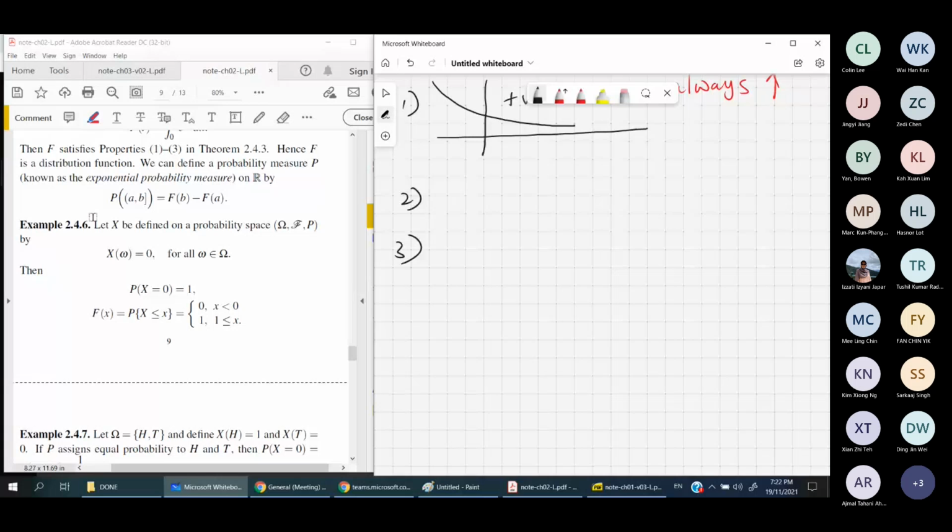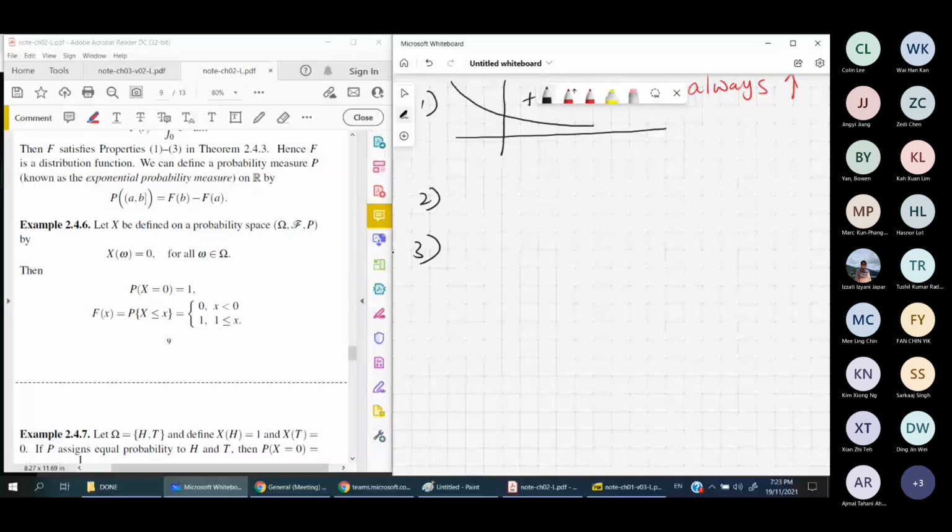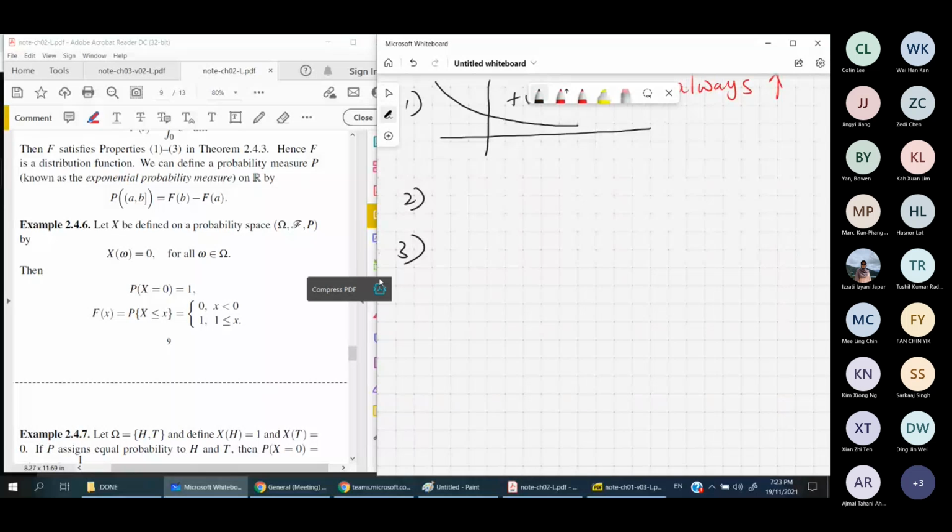So the next example, X is defined on this probability space (Omega, F, P). X(omega) equals 0 for all omega in the sample space. Then P(X equals 0) is always equal to 1, because you only take one value, right?